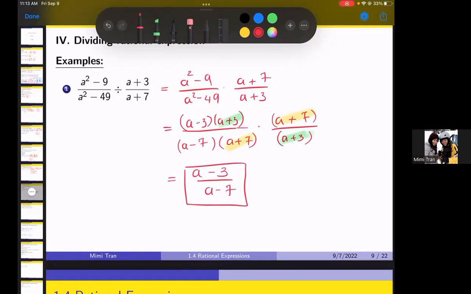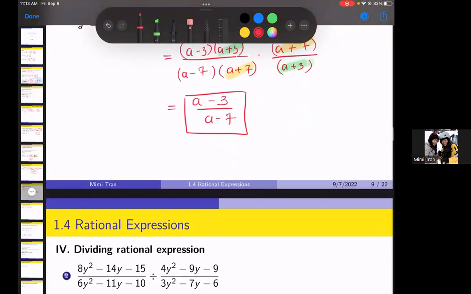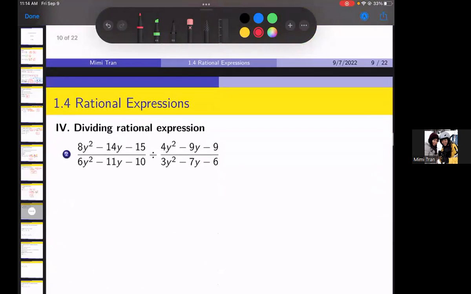What's the domain? Not 7. Yeah, not 7. All you do is just eyeball the denominator. Try this on your own, just a little bit. Maybe just try the first one. Maybe just try to factor that one first.